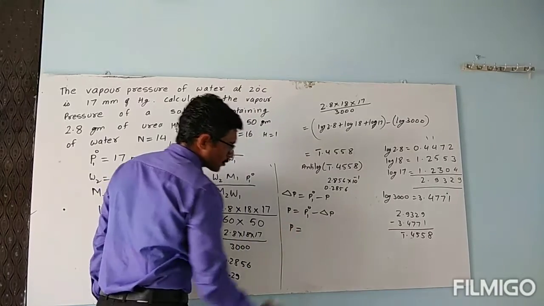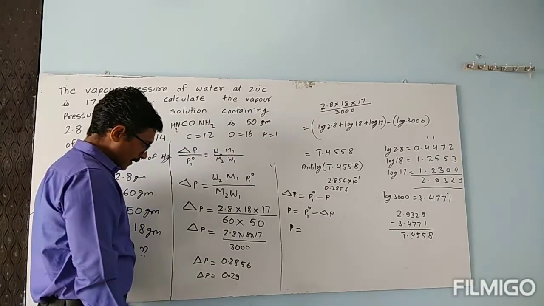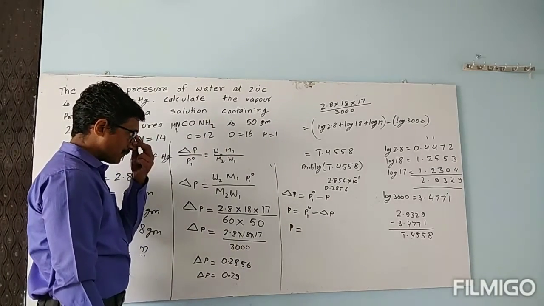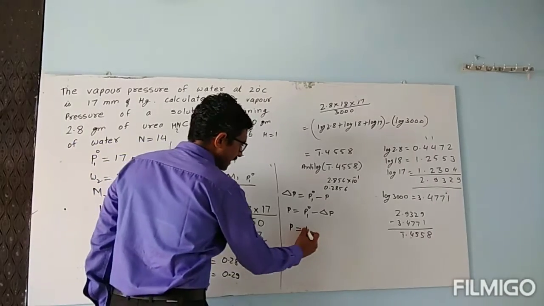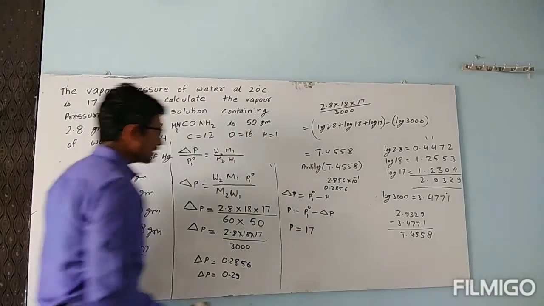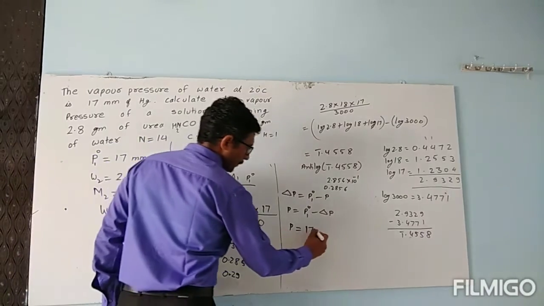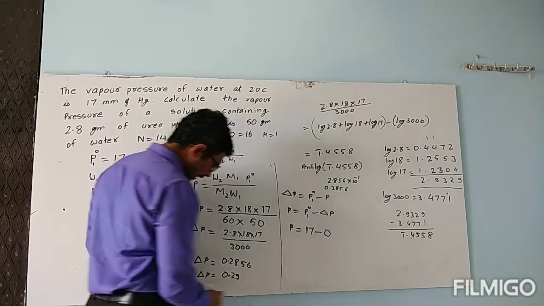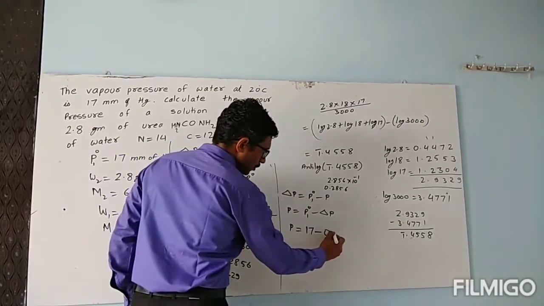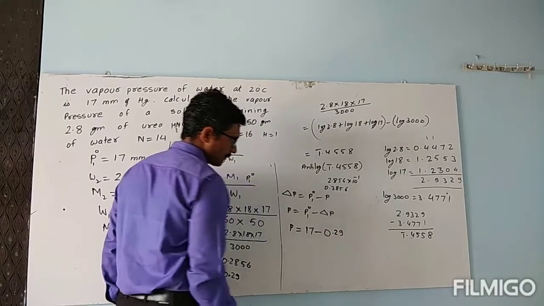Now P equals P1 standard. What is P1 standard, children? 17 millimeter of mercury minus delta P, 0.29.